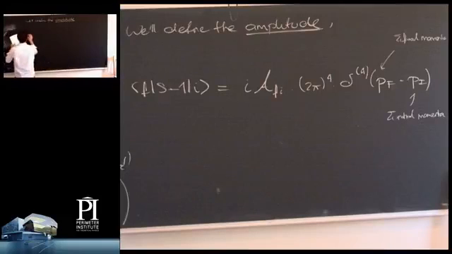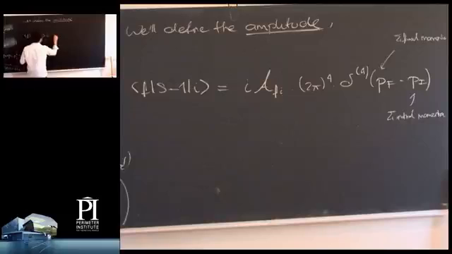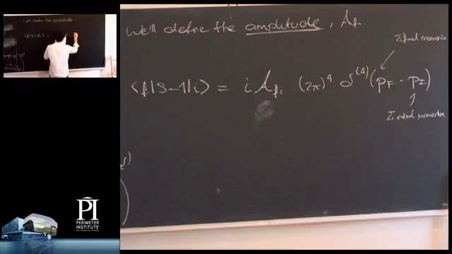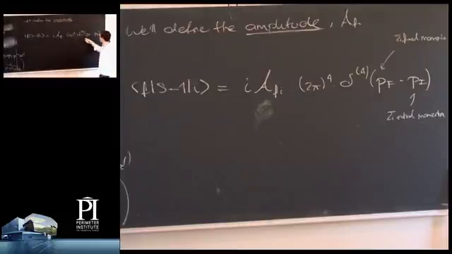So in general, some initial state going to some final state is always going to have a (2π)^4 times some delta function, where this is the sum of the final momenta, and this is the sum of the initial momenta.